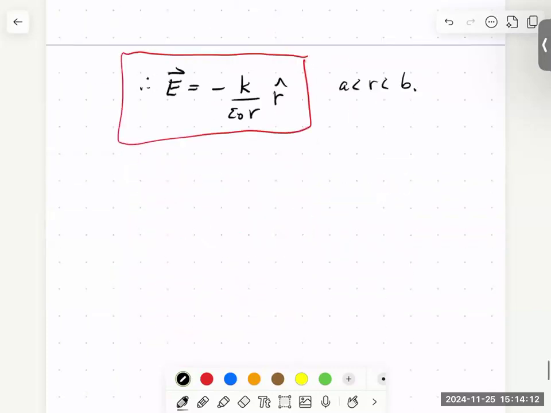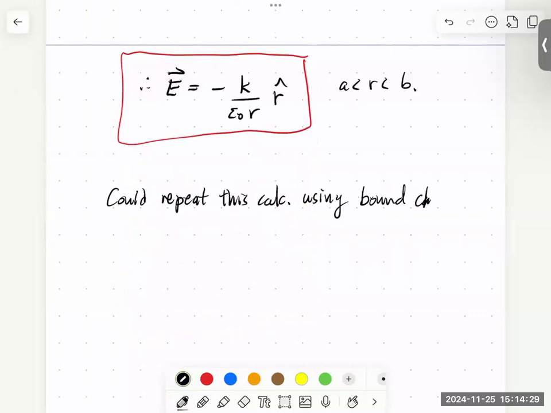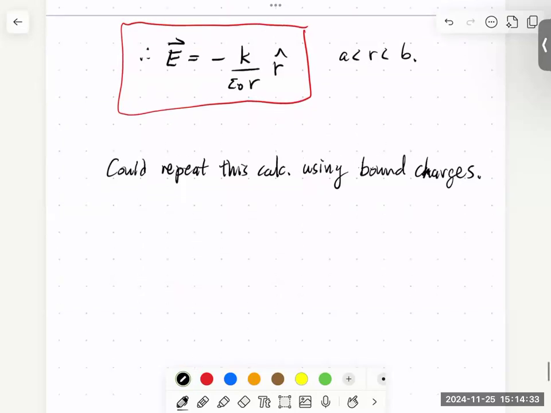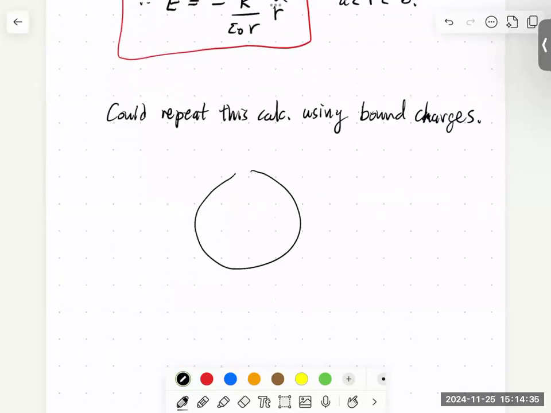Okay, so we could repeat this calculation using the bound charges. I won't do it, but I'll set some of it up for you. Okay, so there's our dielectric.